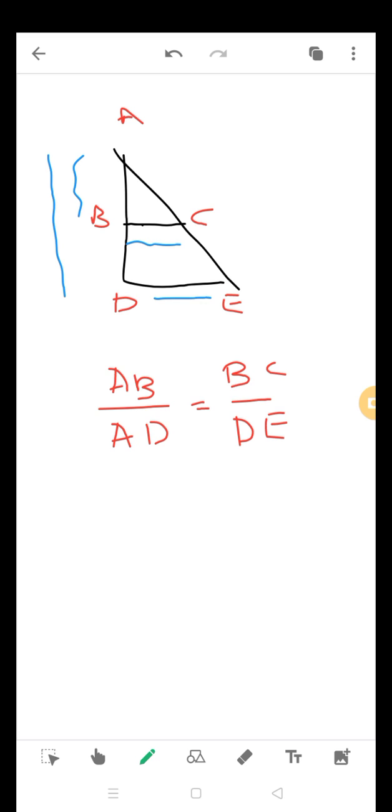Now, the same thing we could apply in the electron microscope configuration.